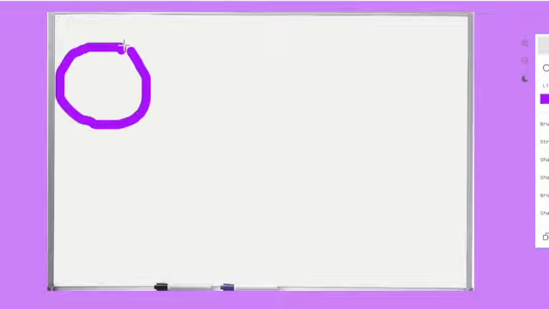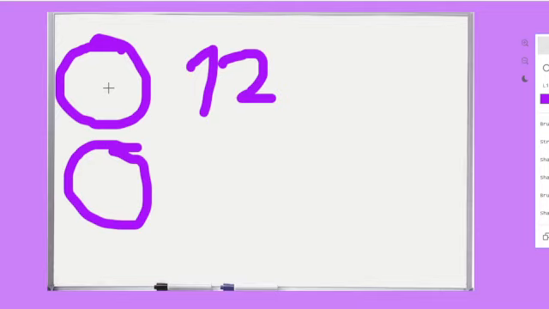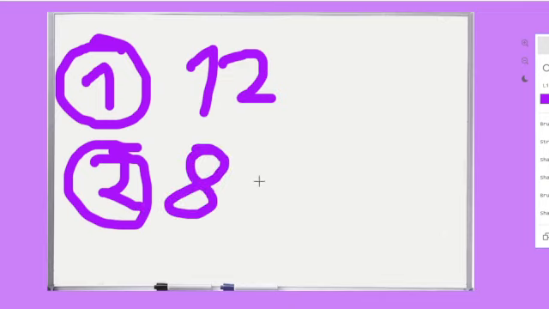So in a track, there's like one runner over here, and they ran 12 laps. Then another runner, let's label the runners, and 8 more.